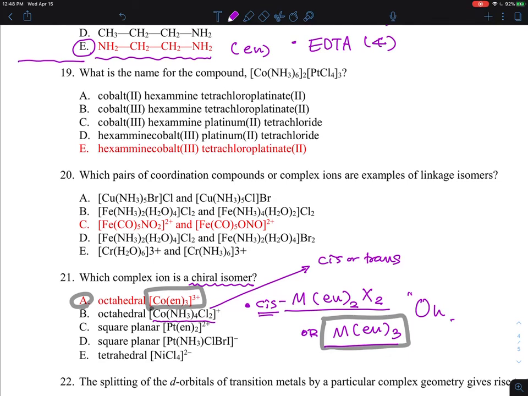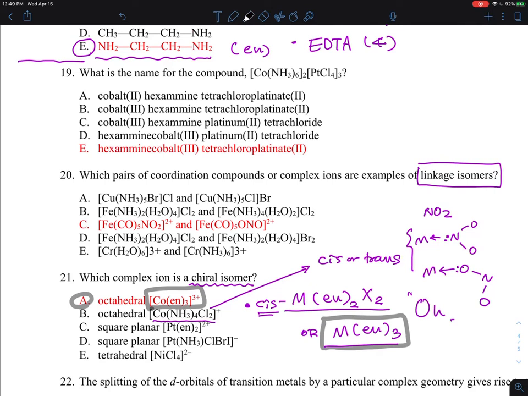Do you see this one, which coordination compound forms linkage isomers? That's the one I just talked about. NO2 can form the docking with the metal through nitrogen, or through oxygen, ONO.